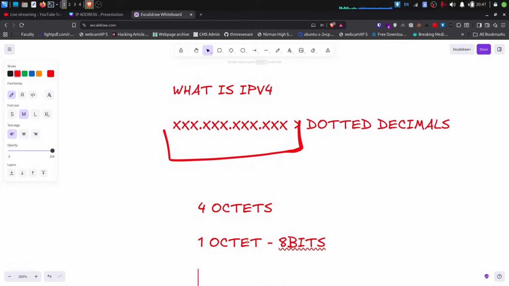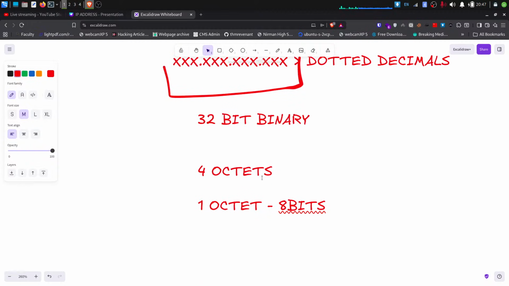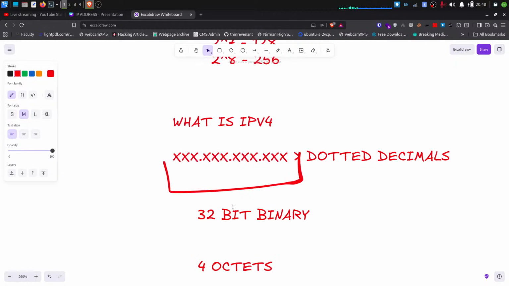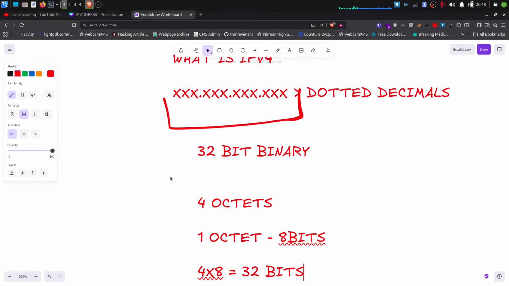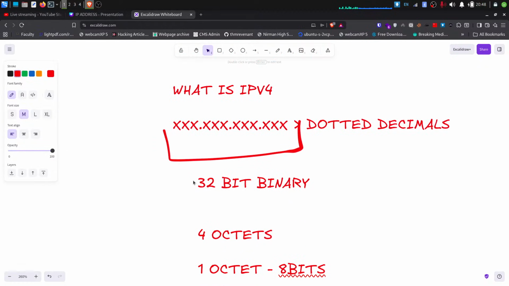So one octet is equal to 8 bits, then four octets is equal to 32. Perfect. We have 4 into 8. 8 fours are 32. So this is the basic background or breakdown for the 32-bit binary thing here. Are we clear with this?